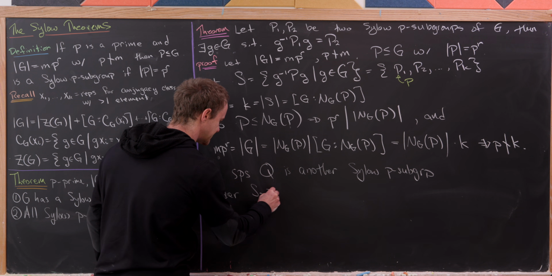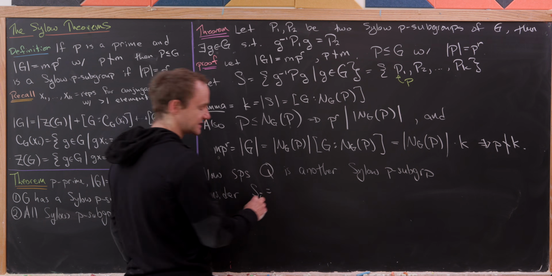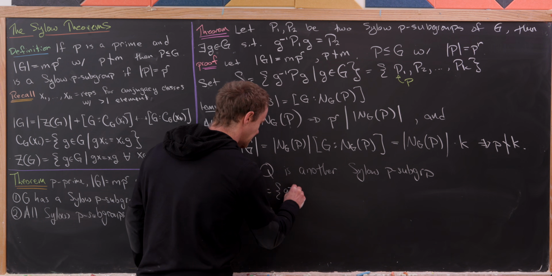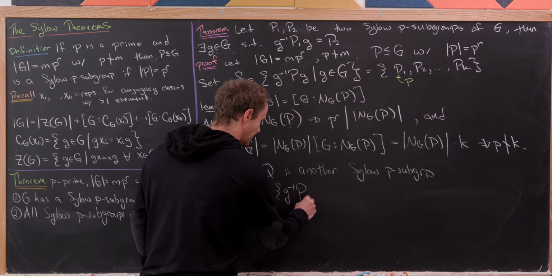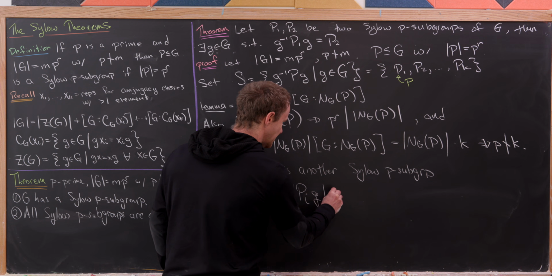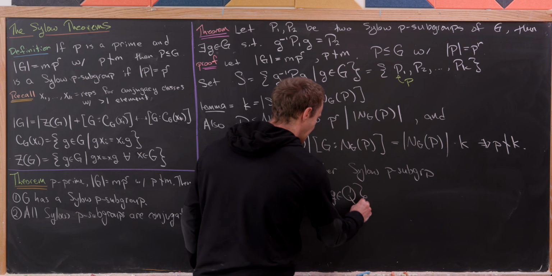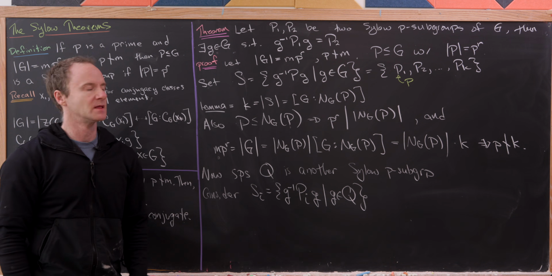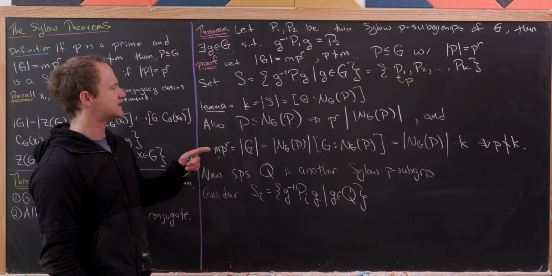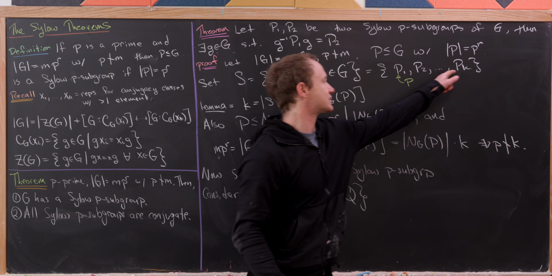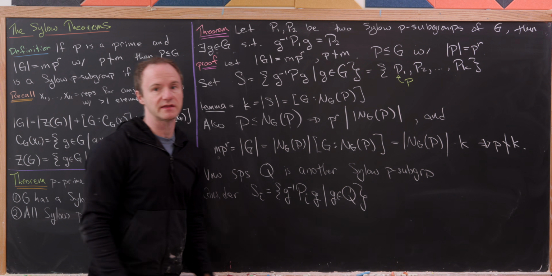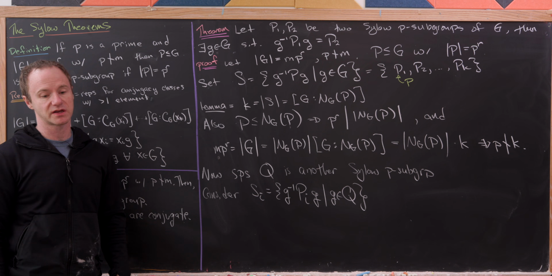I'll call it S sub i. S sub i is going to be equal to g inverse P sub i g, as little g runs through all of the elements of Q. So we're just taking each of these and conjugating them by elements from Q.